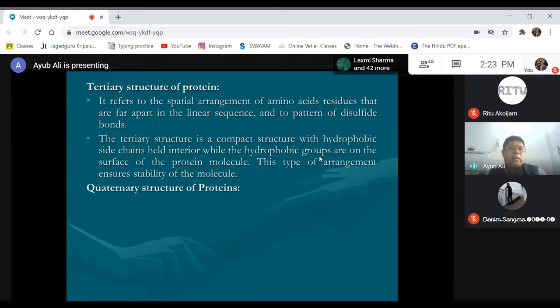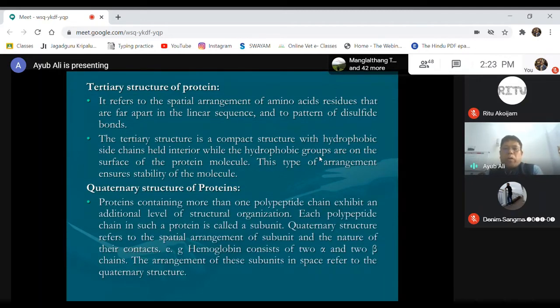Then lastly, the structure of proteins that may be present is the quaternary structure. Proteins containing more than one polypeptide chain exhibit an additional level of structural organization. That means the quaternary structure will be present only in those proteins which have more than one polypeptide chain.